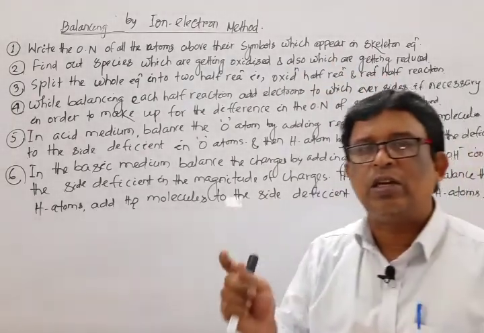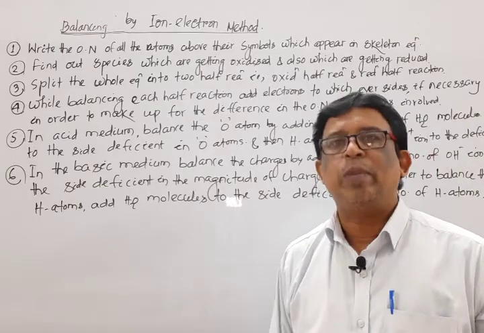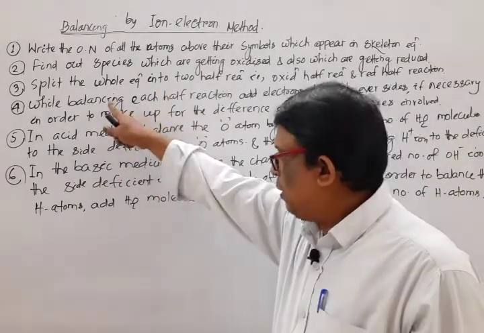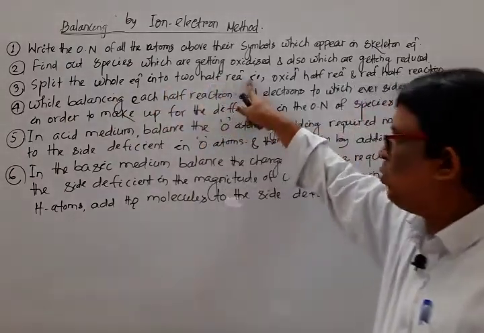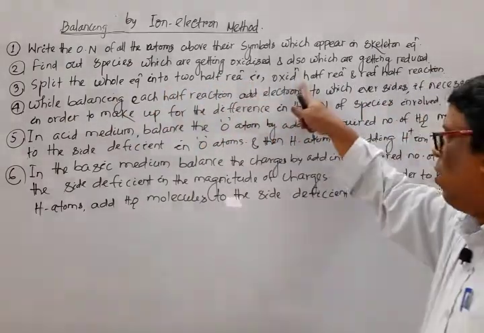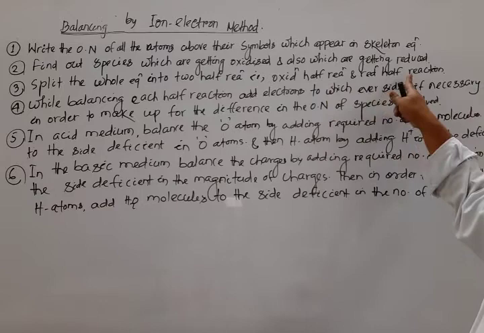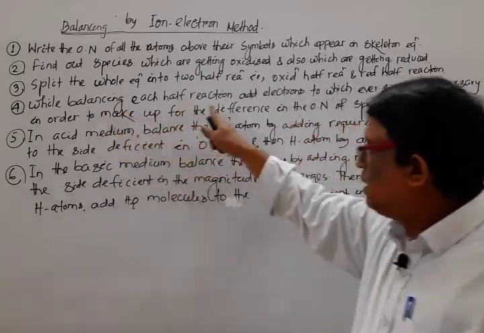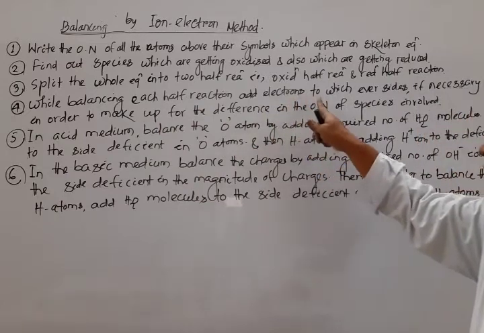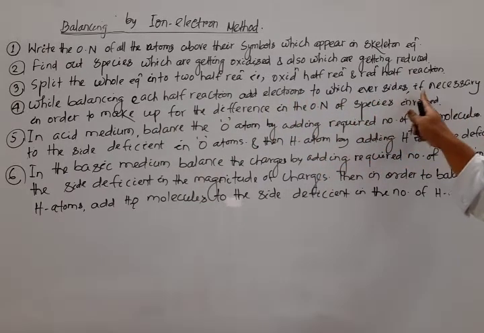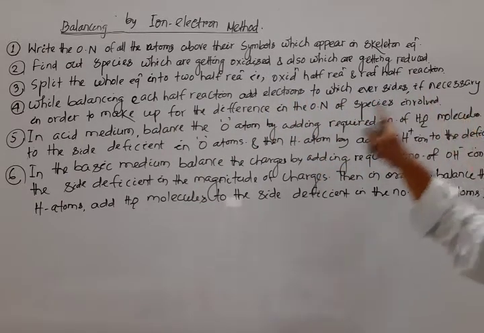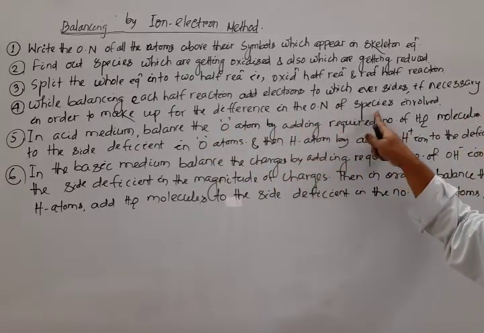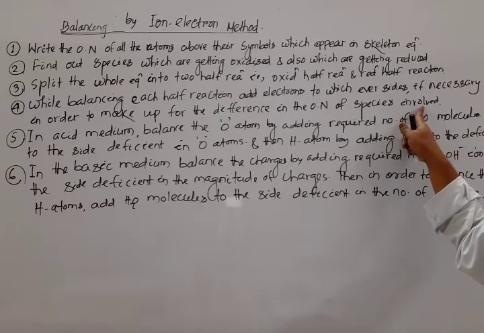Assign the oxidation number to each of them. Next, split the whole equation into two half reactions, that is an oxidation half reaction and a reduction half reaction. Next, while balancing each half reaction, add electrons to whichever side is necessary in order to make up the deficiency in the oxidation number of the species involved in it.